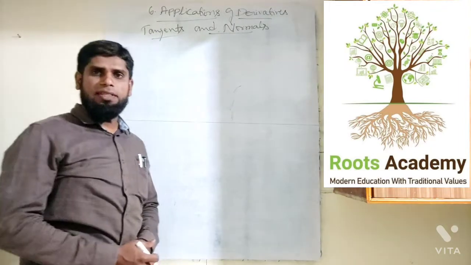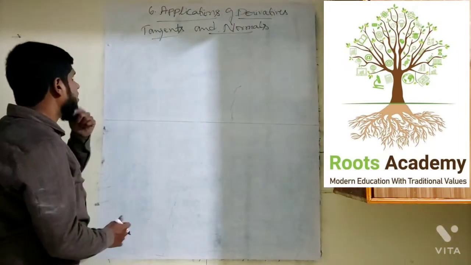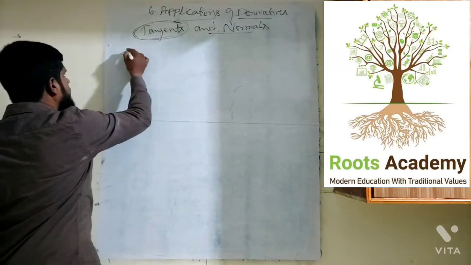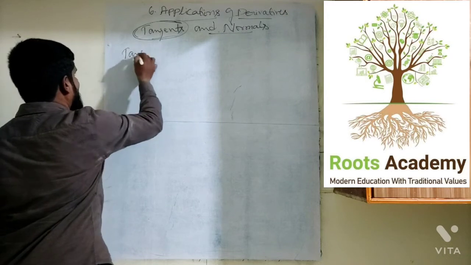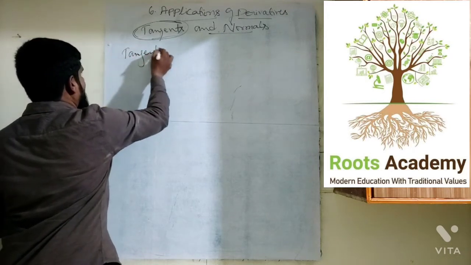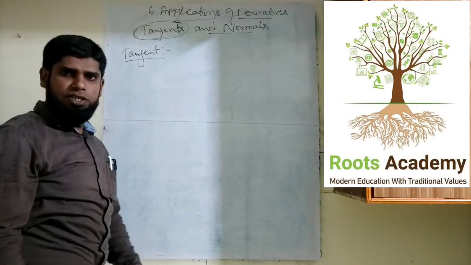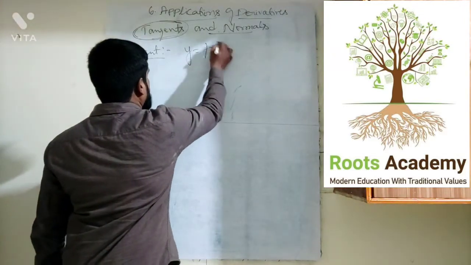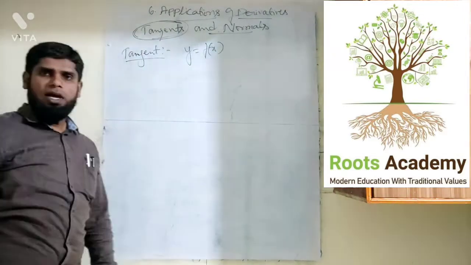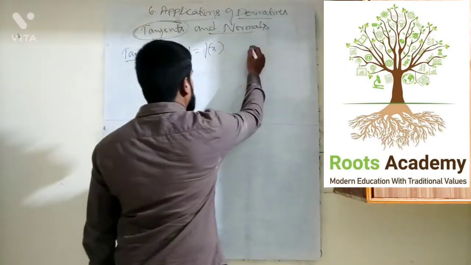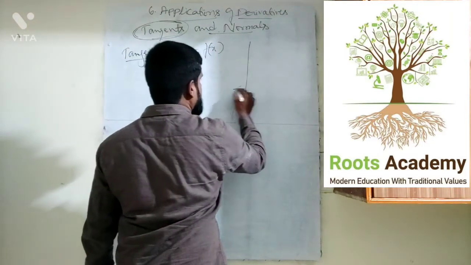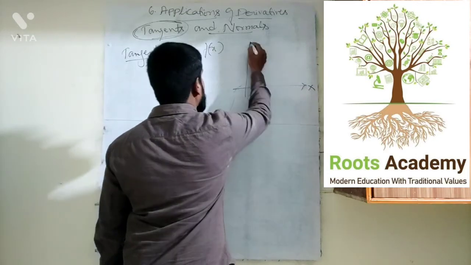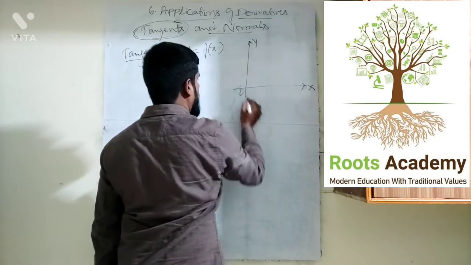So let us start with the definitions. First, tangent. What is a tangent? If I have a function y is equal to f of x, its curve will be like this. This is the y-axis, this is the x-axis, and of course this is the origin.